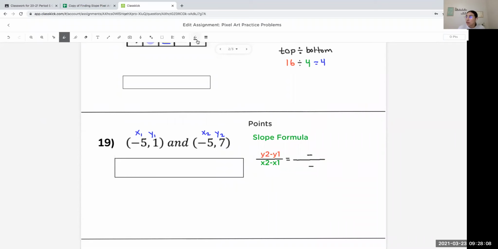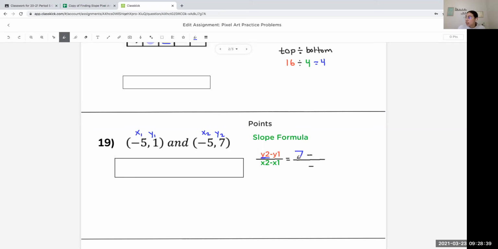All right, so I'll get a little help from you guys. I've labeled them for you, but if we use our slope formula correctly, what is our y2? What number should we put here in the front? Our second y. Yeah, 7.